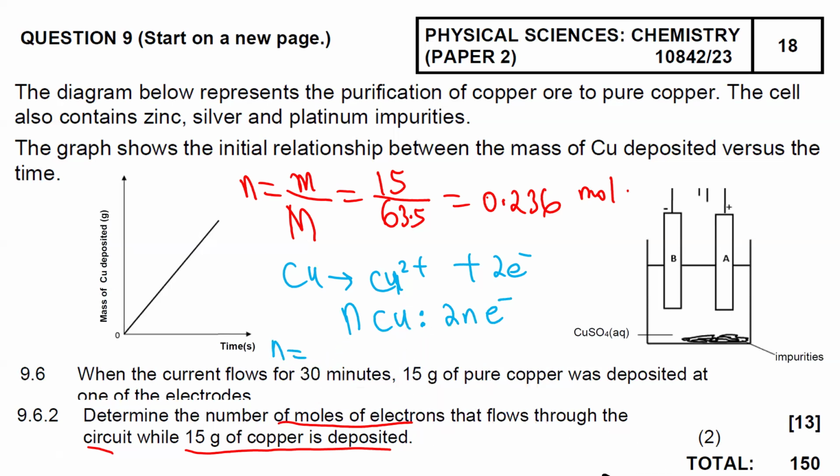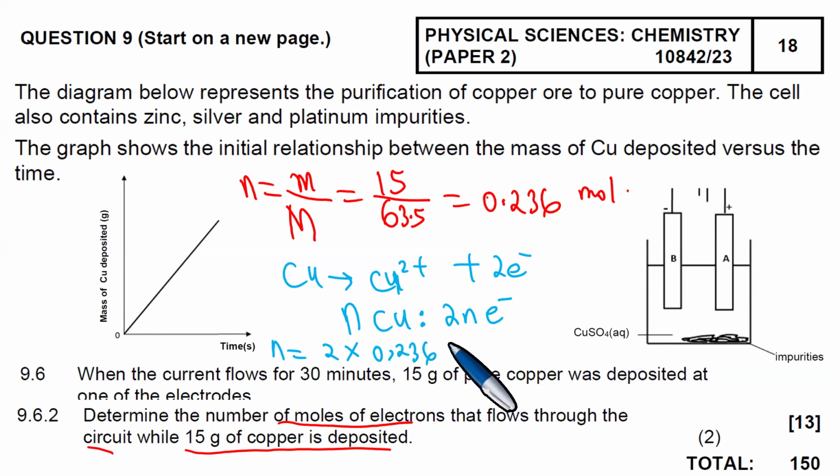So now we say the number of moles of the electrons would be 2 times the number of moles of copper. You have already got the number of moles of the copper, which is 0,236.